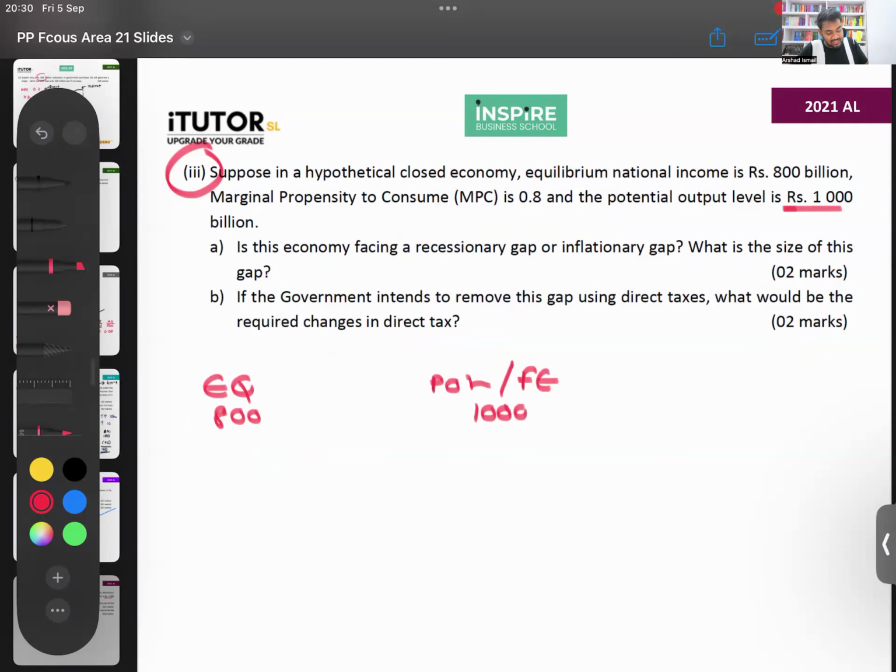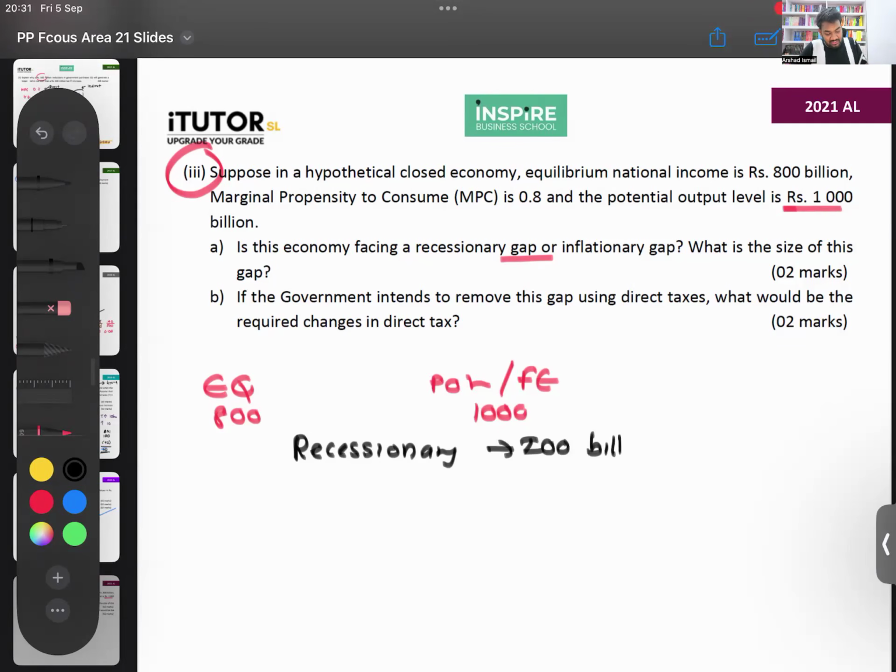So do you have a recessionary or inflationary gap? You're at equilibrium below full employment, at 800. You have a recessionary gap. Recessionary gap of how much? Full employment is 1,000. You are only at 800, and you have a recessionary gap of 200 billion.